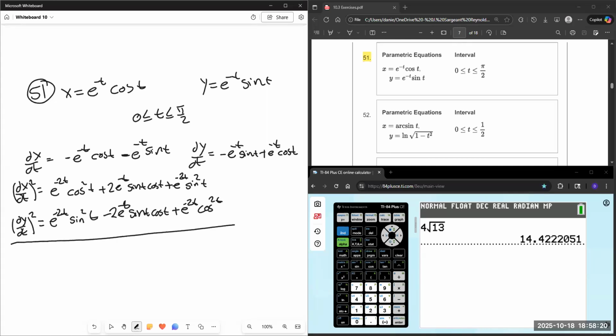So when I add these together, these zero each other out, and this makes e to the negative 2t times 1 plus another e to the negative 2t times 1, and I have 2e to the negative 2t.